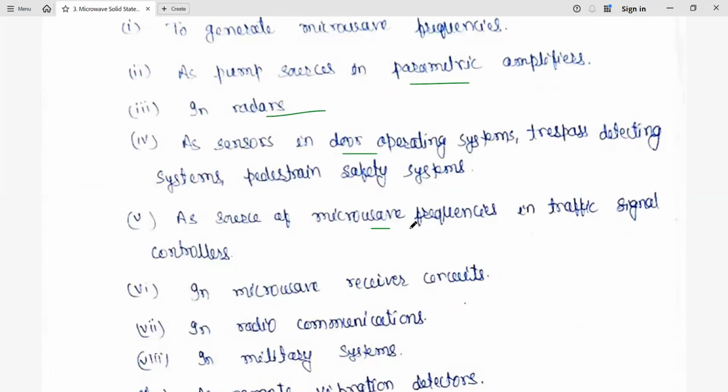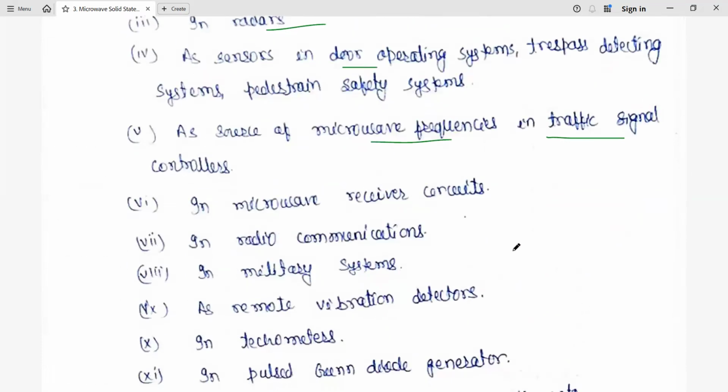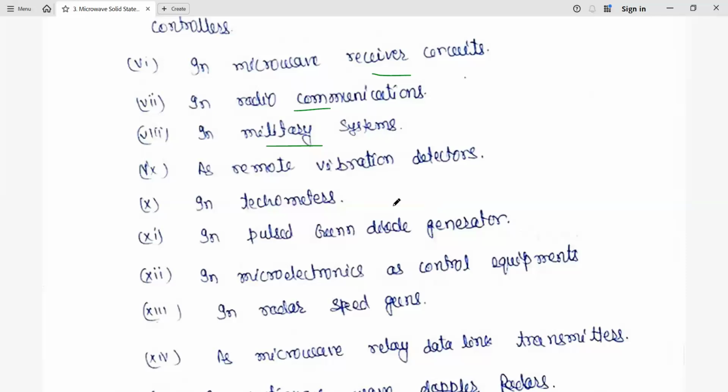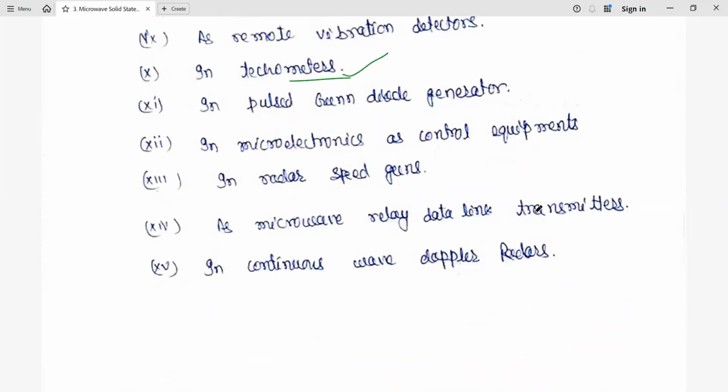It is a source of microwave frequencies in traffic signal controllers, in microwave receiver circuits, radio communications, various military systems, remote vibration detectors, tachometers, and pulse Gunn diode generators. Apart from this, we have microelectronics as control equipment, radar speed guns, microwave relay data link transmitters, and continuous wave Doppler radar.